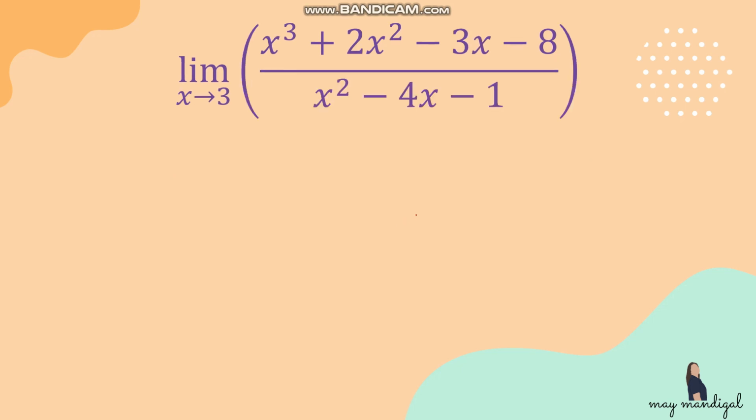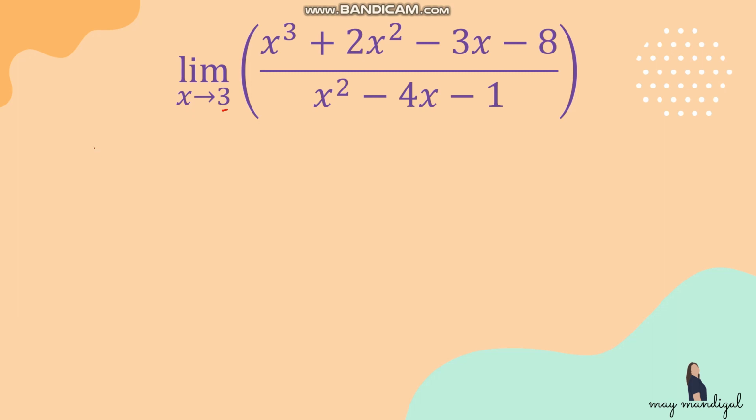Another example, let's take into consideration this rational function here. And then we have to identify the limit of this function as x approaches 3. Now, since we are dealing with a rational function, first, the thing that we have to do is to check if the c is part of the domain. So to do that, we have to substitute first c into the denominator.